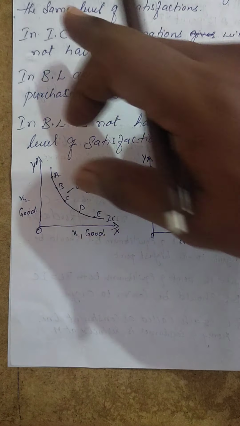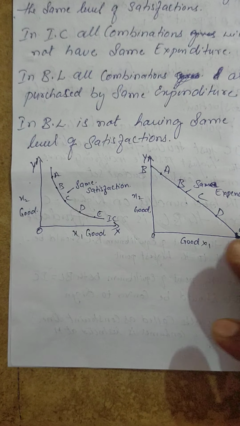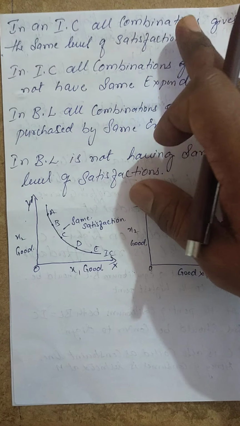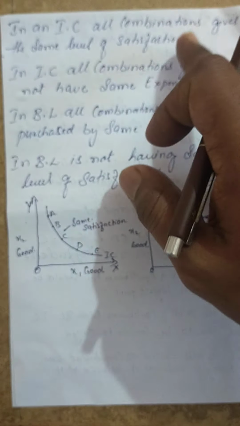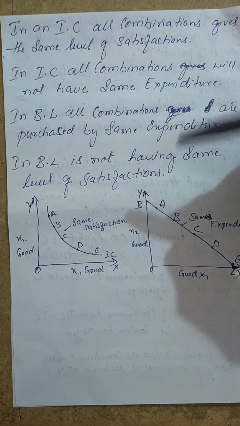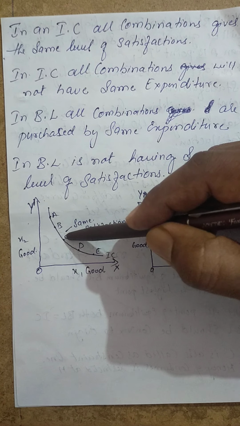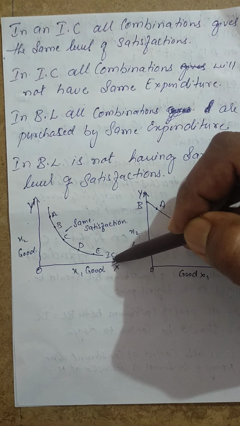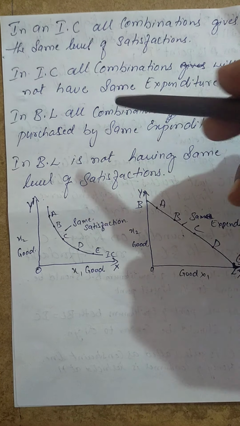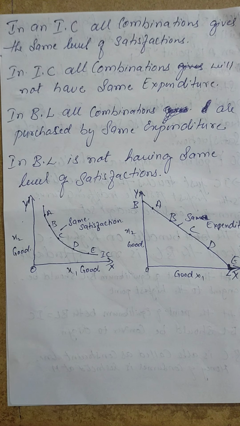In an indifference curve, all combinations give the same level of satisfaction, isn't it? See, this is one indifference curve. Every single point lying on the indifference curve gives the same level of satisfaction. But in an indifference curve, all combinations will not have the same expenditure, isn't it?